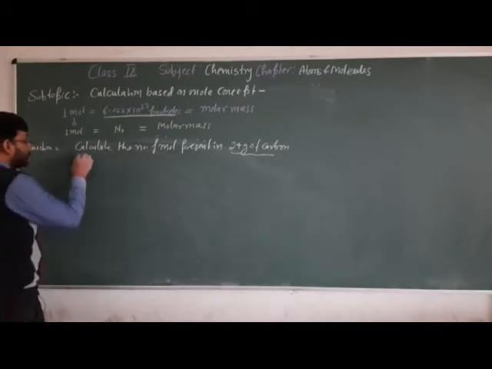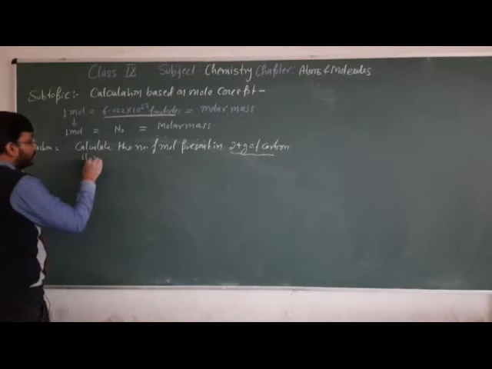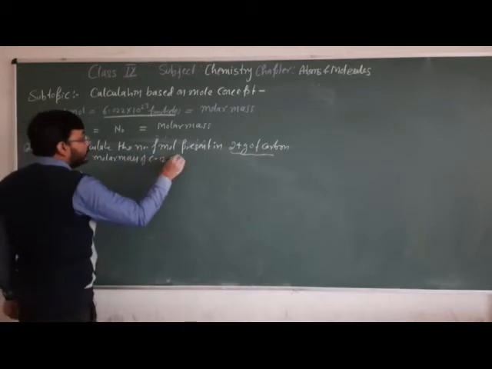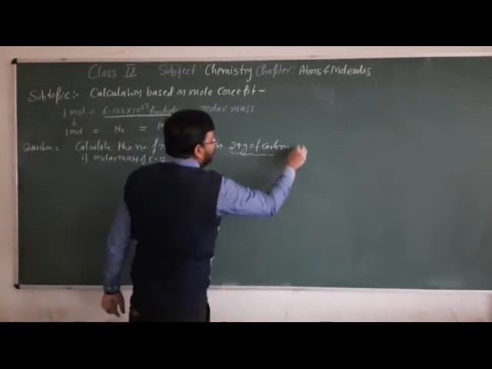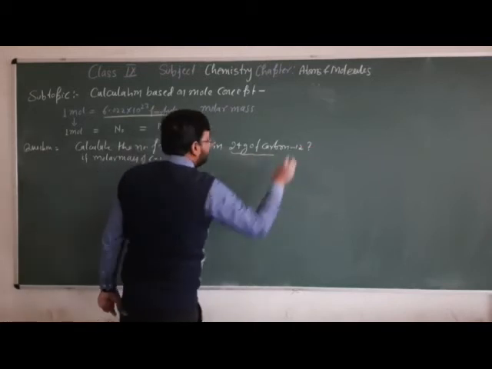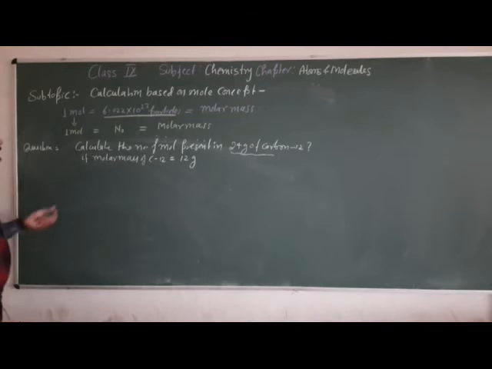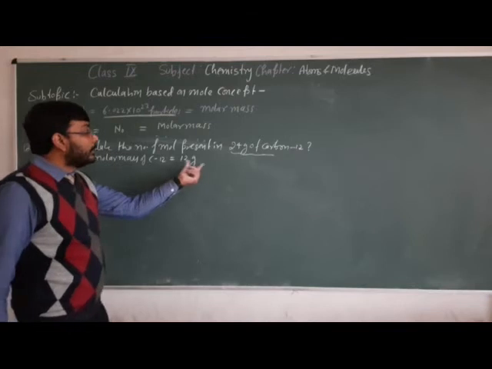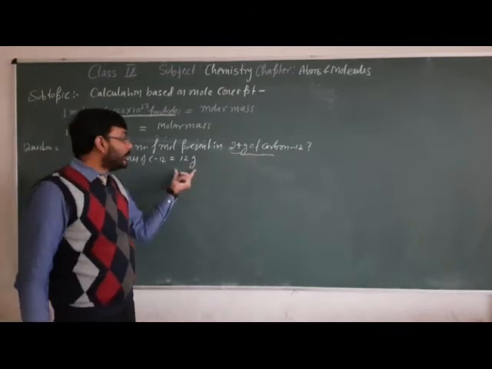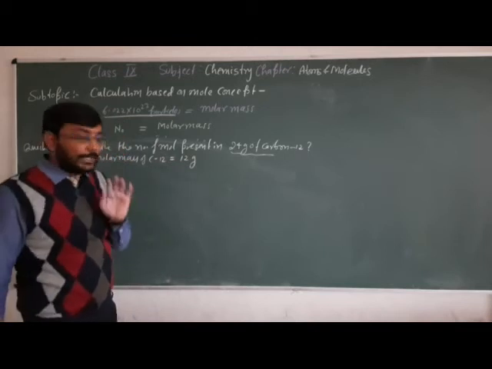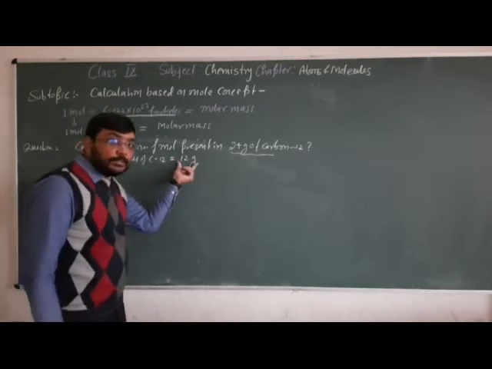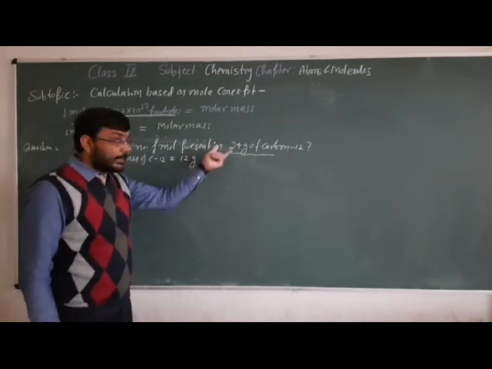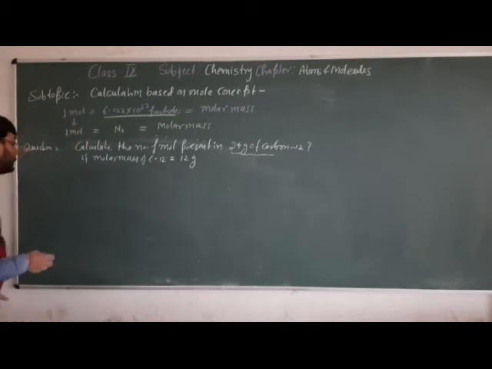The information: the molar mass of carbon 12 is 12 gram. So the number of moles present in 24 gram: the mass of 1 mole is 12 gram, so 24 gram divided by 12 gram gives 2 mole. Listen, 1 mole mass is 12 gram, so 24 gram is double the 12 gram, right? But we will solve it by applying the unitary method.